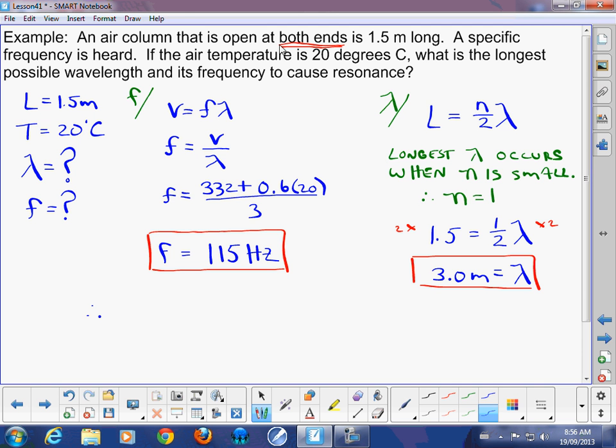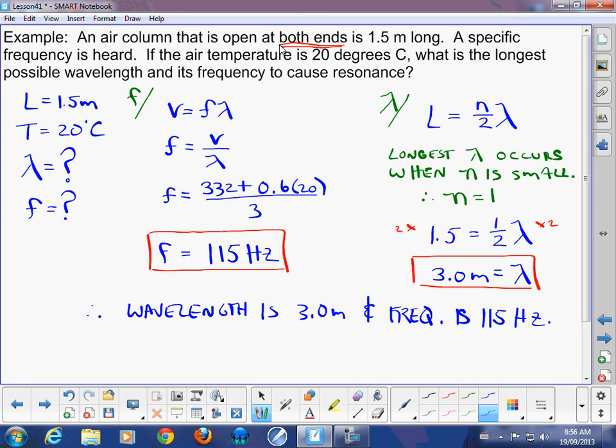Therefore, wavelength is 3 meters and frequency is 115 hertz. Grade 11 is a lot of decoding, giving you the basics of the grounding, so when you enter into the grade 12 course, we can expand it out to a little bit more of a thought process.